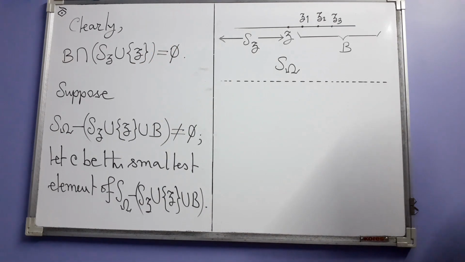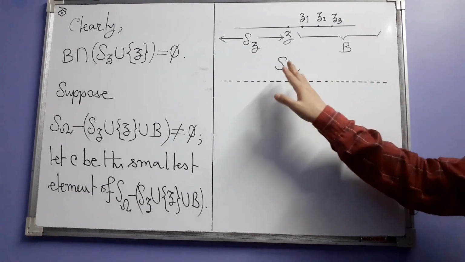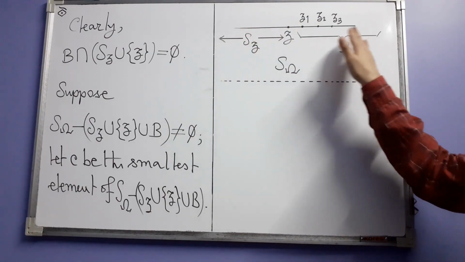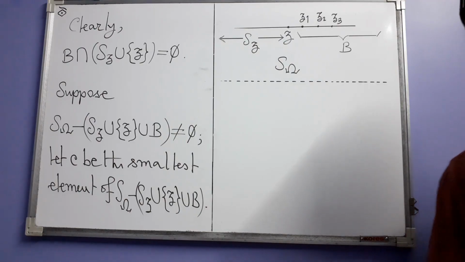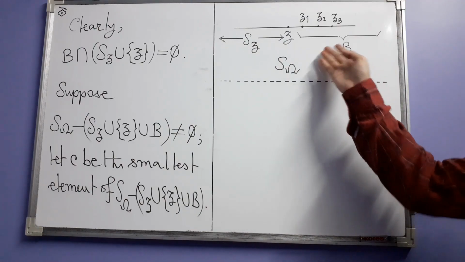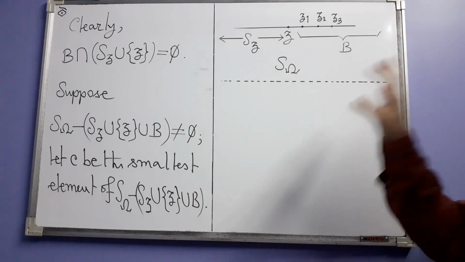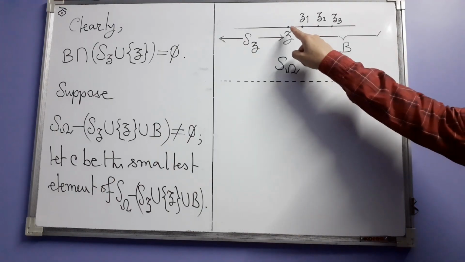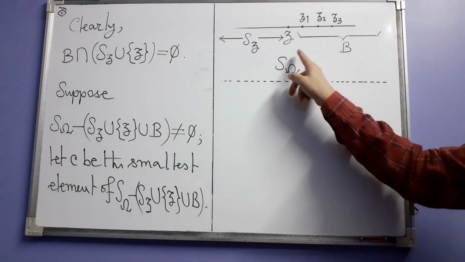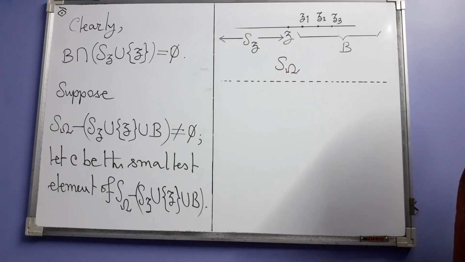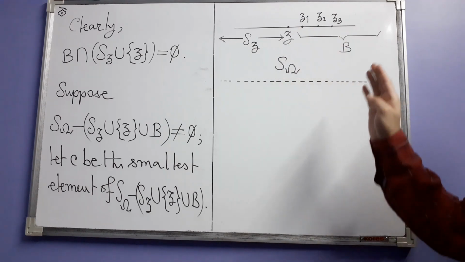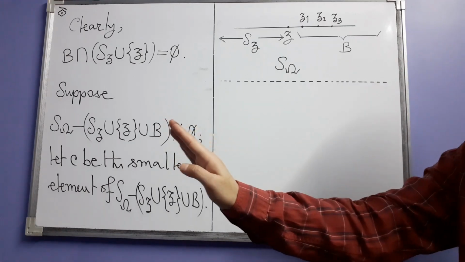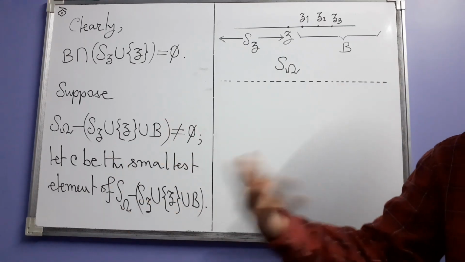For our own benefit, I have drawn a figure here. You should understand that S omega actually cannot be represented like this. It's not the real number line, okay. But anyway, this figure at least shows how we can think of the order. So this entire line is in some sense representing S omega, a pictorial representation of the set S omega, where the understanding is that as you go leftward, elements decrease, you get smaller and smaller elements.